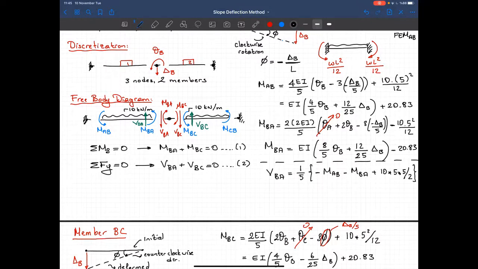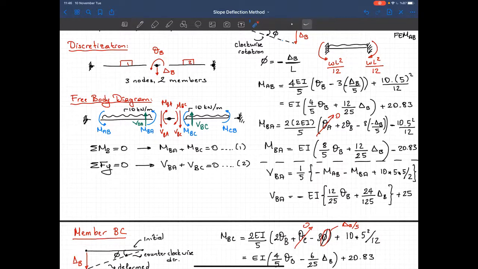Okay, so if you put M_AB and M_BA into that equation and simplify, we obtain V_BA as equal to EI times (minus 12 over 25 theta B plus 24 over 125 delta B) plus 25.